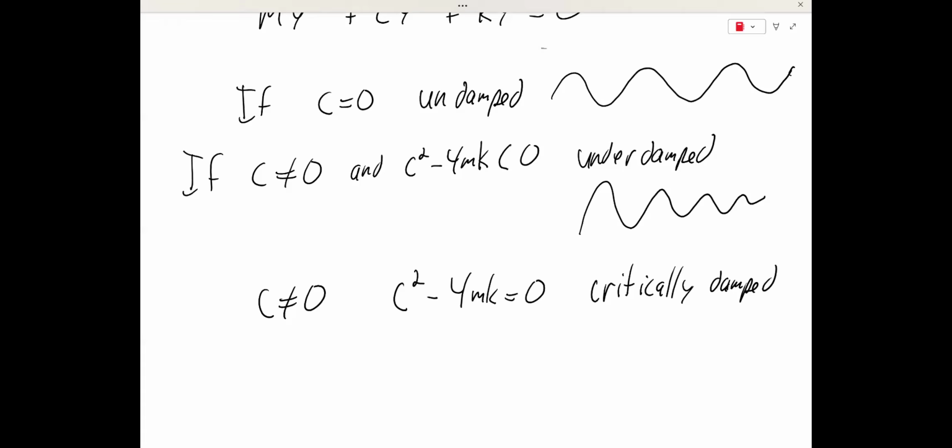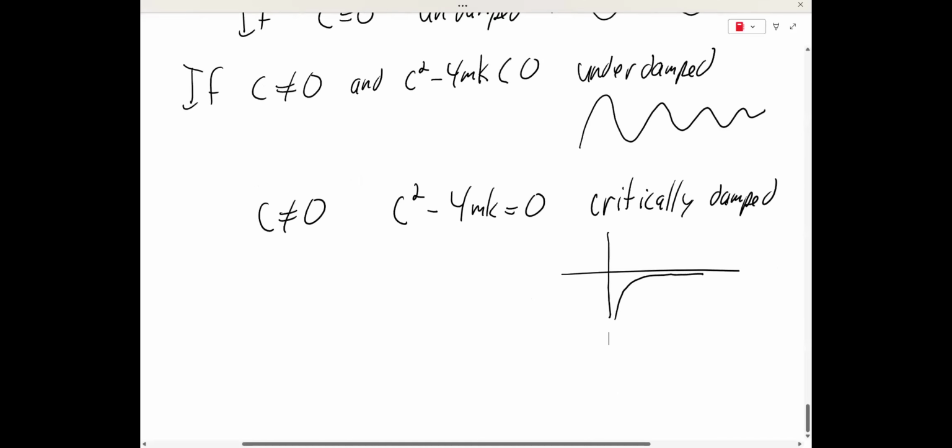Critically damped goes something like this. If you dampen enough, it won't oscillate anymore at all. If you make c big enough, it wouldn't go back and forth at all. It would just go up like that and stop. That's called critically damped.